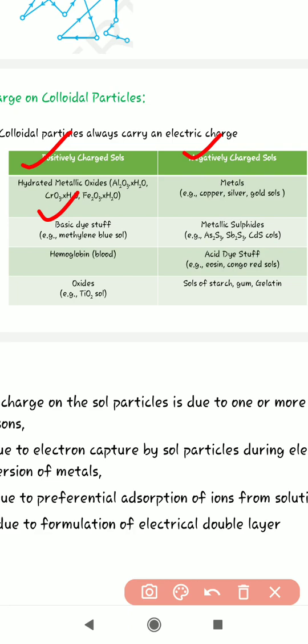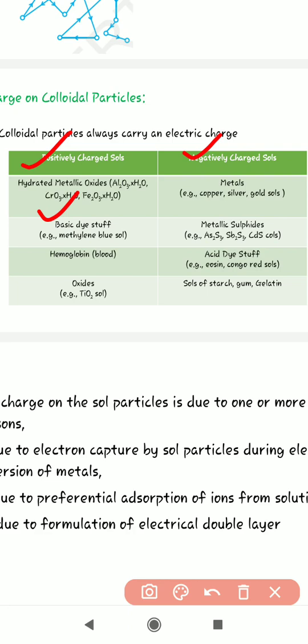Next, negatively charged sols. What do they exhibit? Metals. All metals exhibit negatively charged sols, like copper, silver, gold sols.